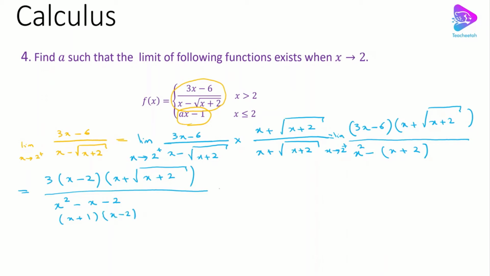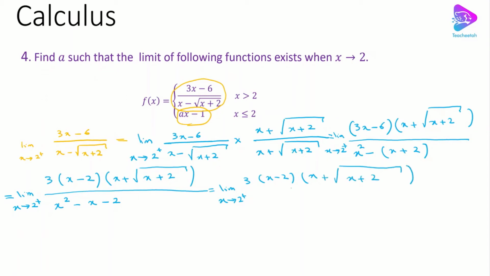So we can convert it into the form of the limit as x approaches 2 from the right of 3 times x plus square root of x plus 2 over x minus 2 times x plus 1.